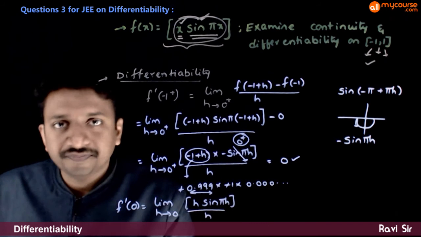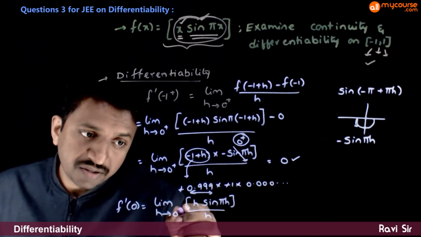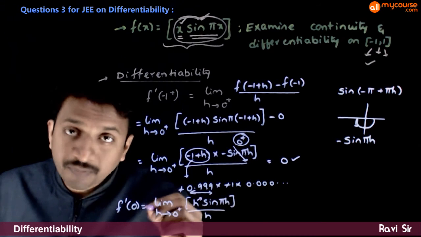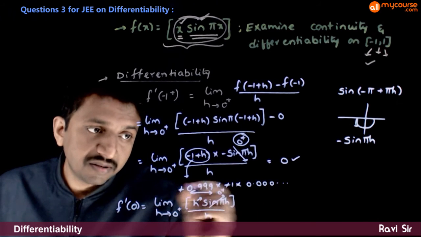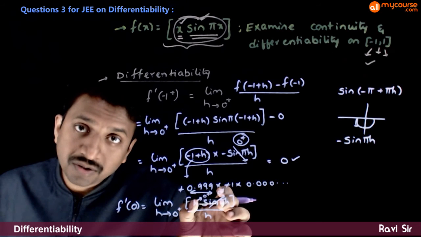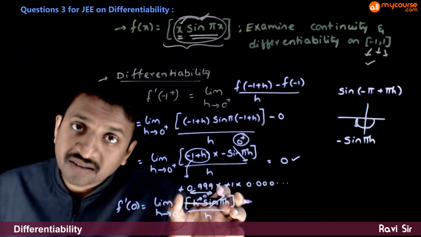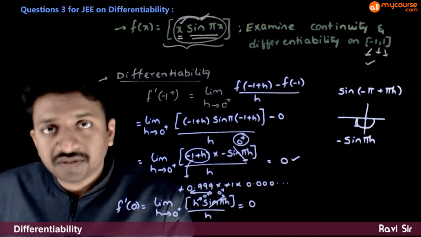So here, if h tends to 0 plus, h goes to 0 plus and sine pi h goes to 0 plus. Hence, the product also goes to 0 plus, so the integer part becomes 0. So the limit is equal to 0.